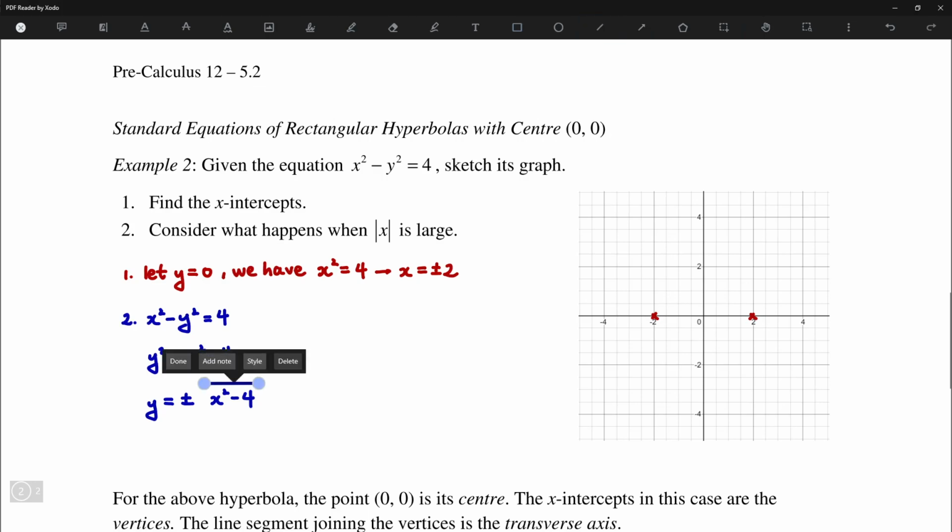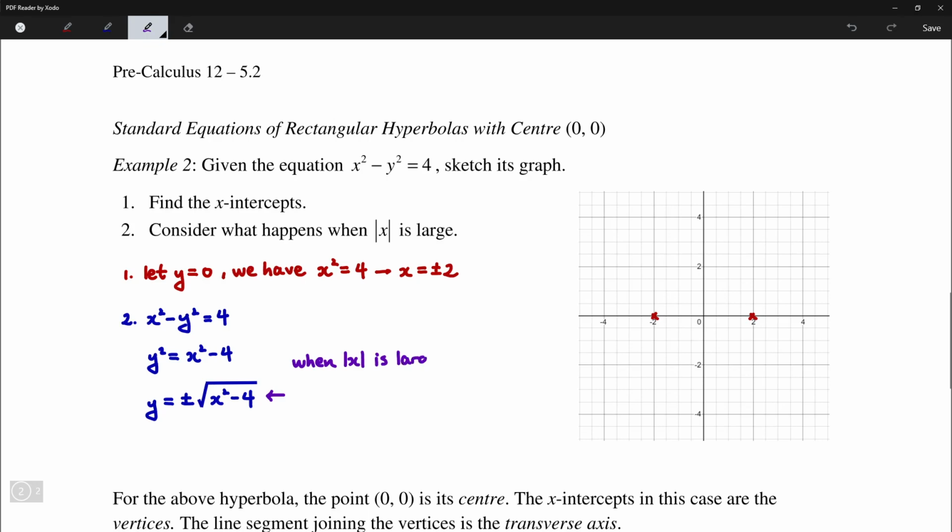So this is what we're looking at. The important idea here is when the absolute value of x is large, whether that x value is positive or negative, x squared will be positive and a very large number compared to 4.